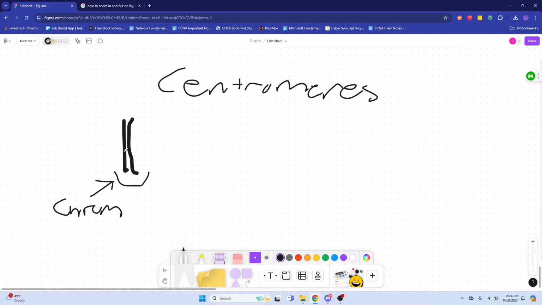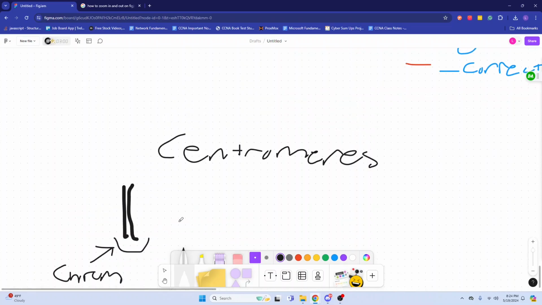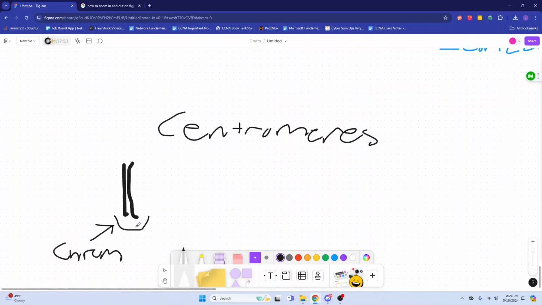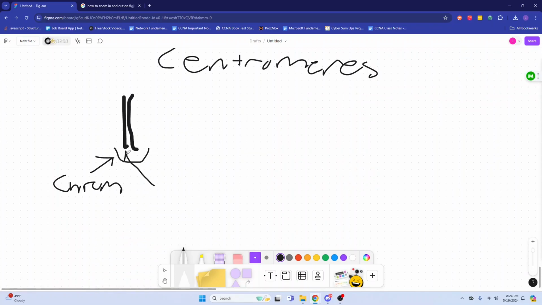This is copied. Now we have two identical strands. This is still one singular chromosome. However, these individual parts, this is where it gets tricky because it wasn't explained, these are individually called sister chromatids. Okay?